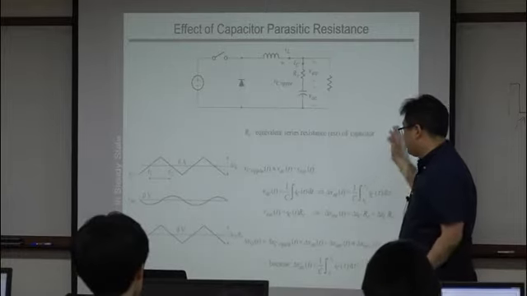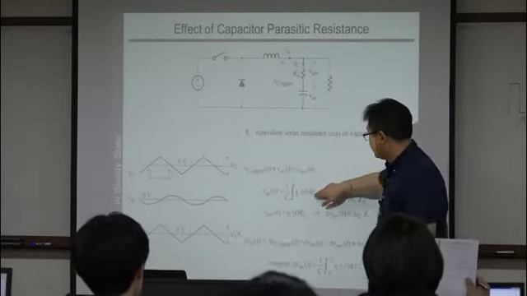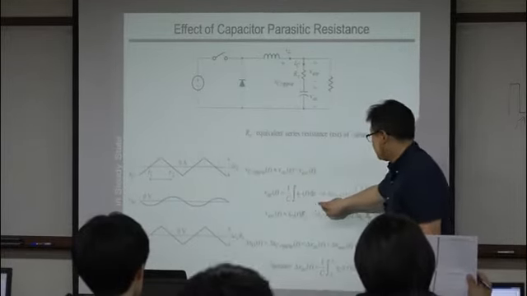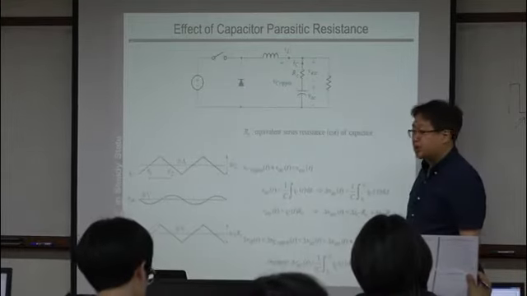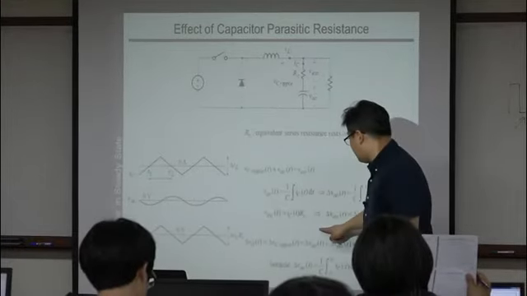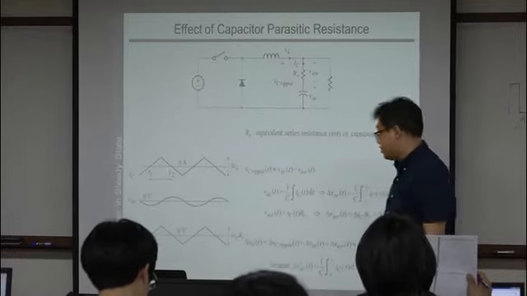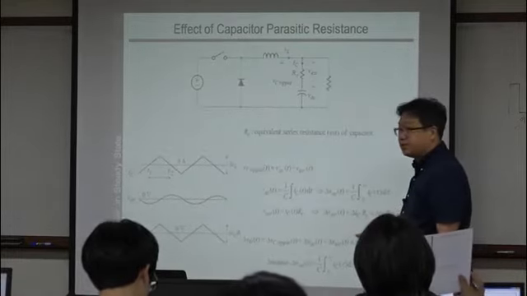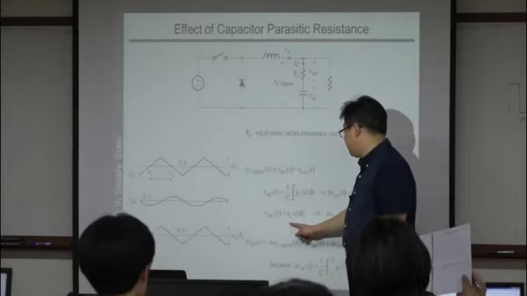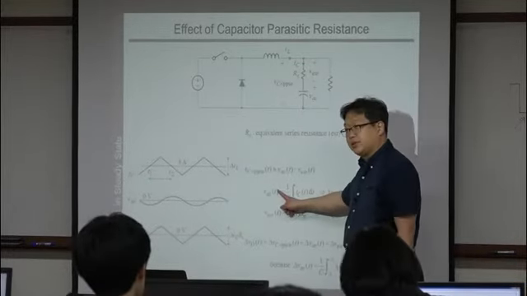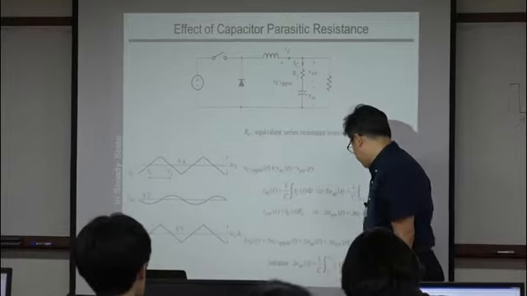Then, if you calculate this, this is the integration of capacitor current. But this VESR is what? Just RC multiplied by capacitor current. In many cases, this component is much larger than this component. Like this.